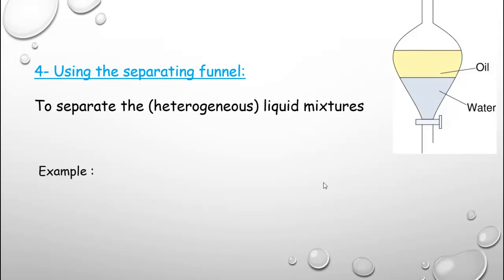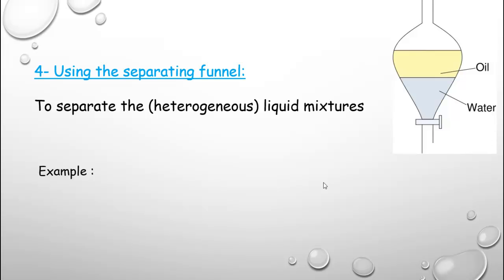So this mixture is called a heterogeneous liquid mixture. If I ask you the meaning of a heterogeneous mixture, it is a mixture of materials or substances that can't join each other, different from each other in color or some properties, like oil and water.